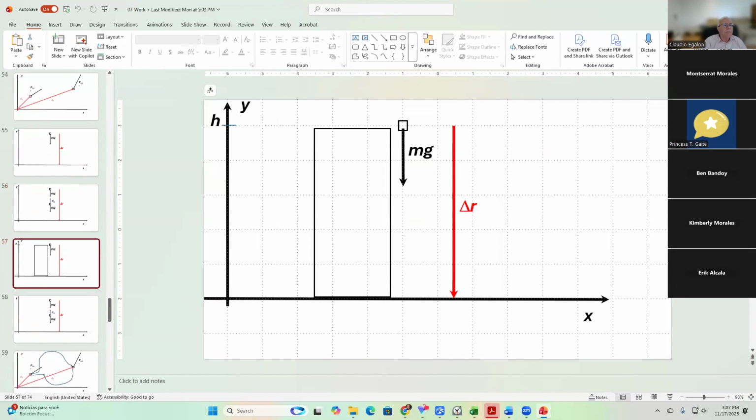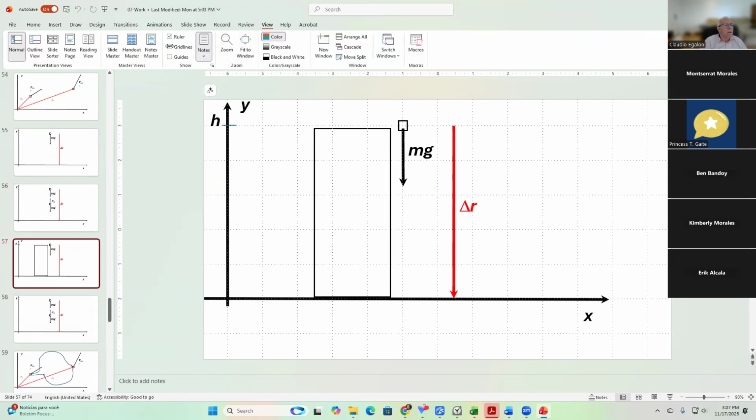We have this conservative force that is accelerating my stone, my object.